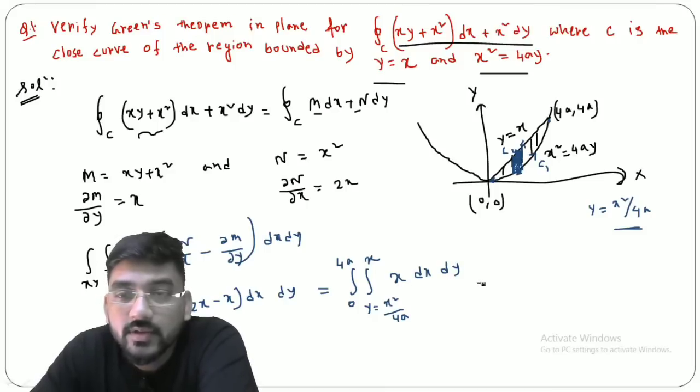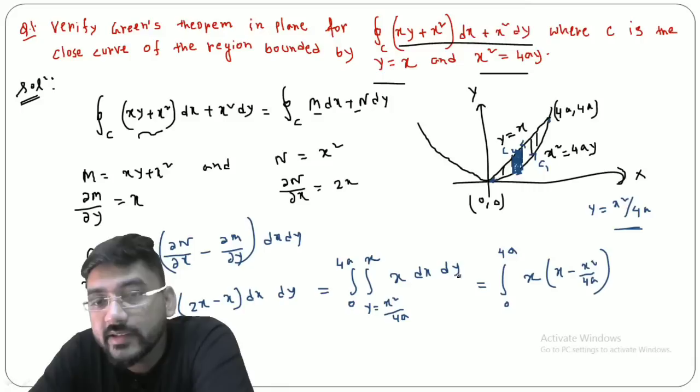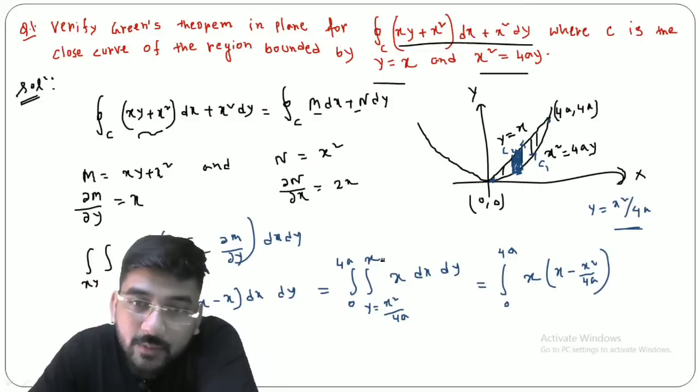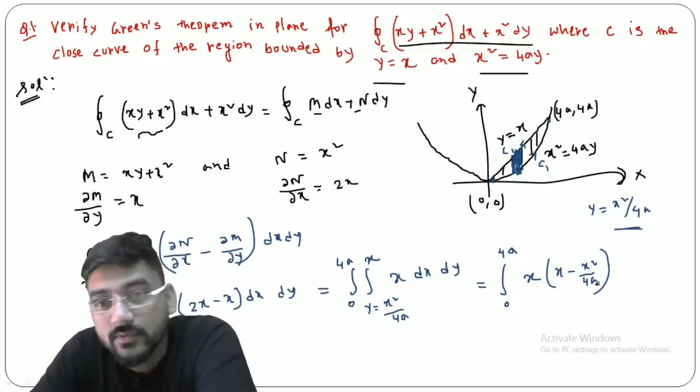Okay, so it will be just the integration from 0 to 4a, then you can solve for y. So it will be integration of x, and integration dy is y, and y will vary from x square by 4a to x. So if you put the limit of y, then it will be x minus x square by 4a. The upper limit is x and the lower limit is x square by 4a, and integration dy is y. So if you put the upper limit minus the lower limit, it will be x minus x square by 4a.